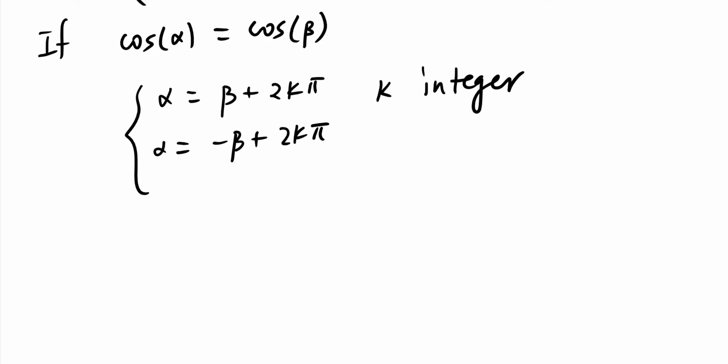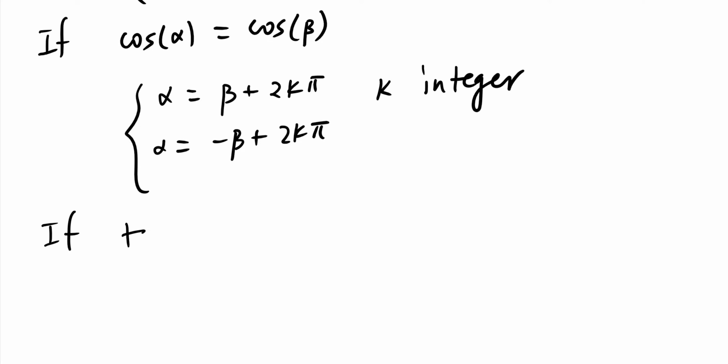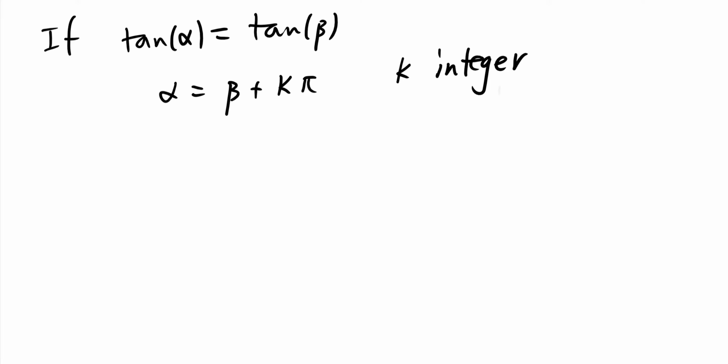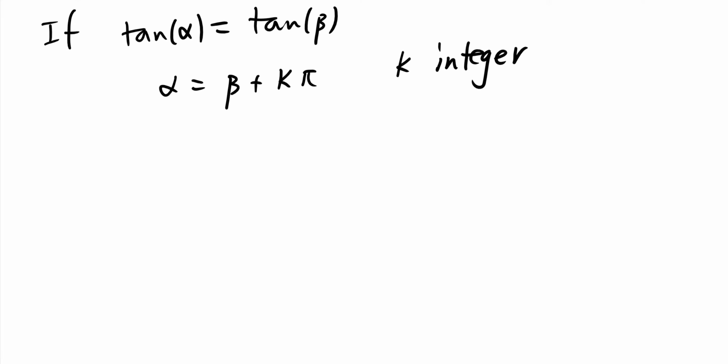And for tangent, if tan alpha equals tan beta, then we have one equation: alpha equals beta plus k pi, k an integer. Those are really important tools. Or you can just get the solutions using the unit circle. Either one is fine.